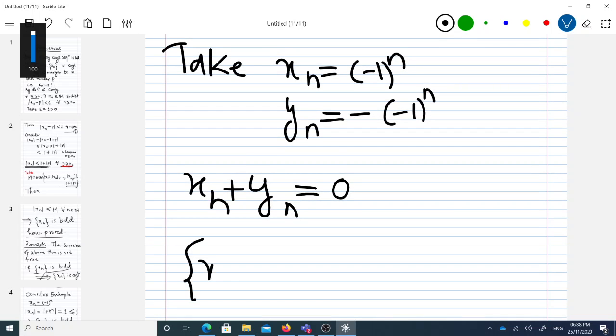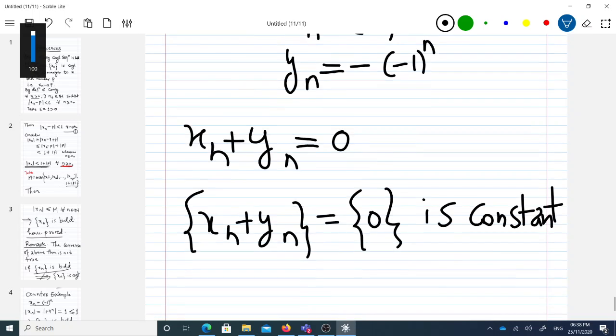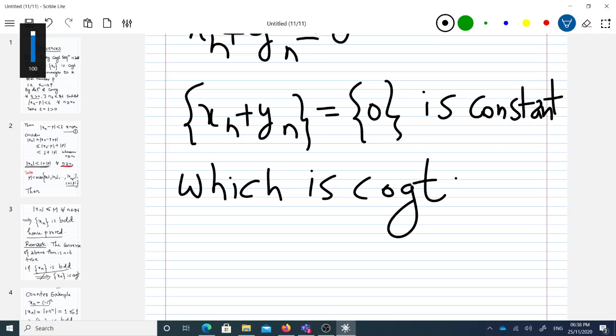So the sequence xn plus yn, which is a singleton 0, is a constant sequence, and a constant sequence is convergent. And where does it converge? In fact, a constant sequence converges to that number itself. So xn plus yn will converge to 0 only, right?